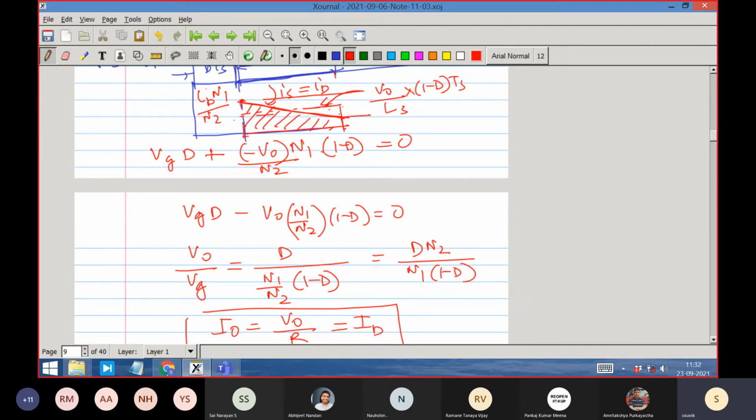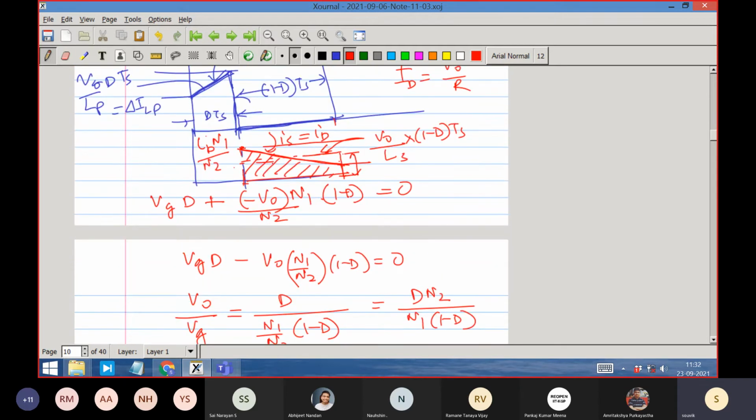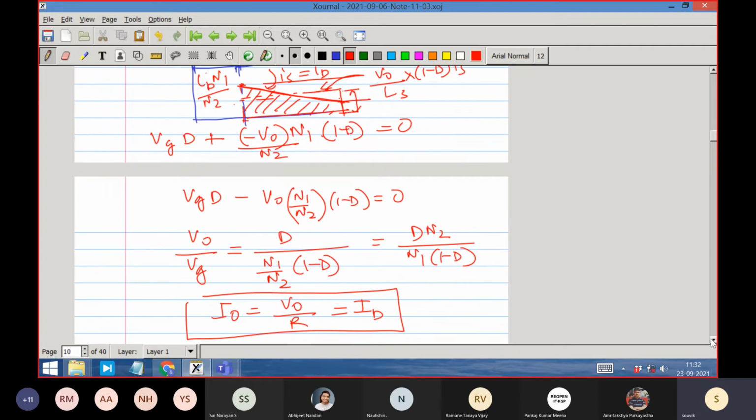It must be this level. What is this level? This must be I naught divided by 1 minus d is this level, because it is conducting only during this period. So overall average is I naught. So I naught into full time is equal to this current.